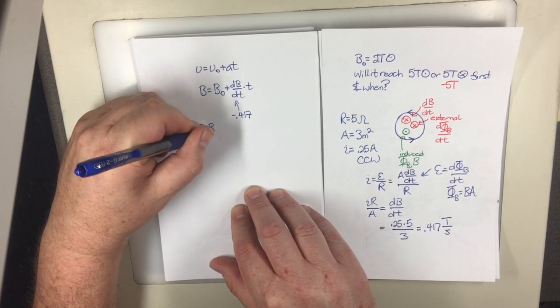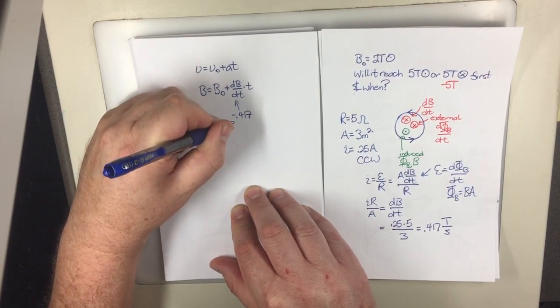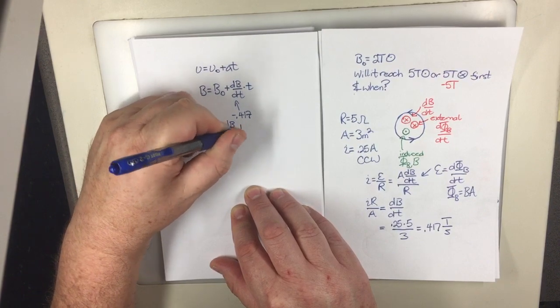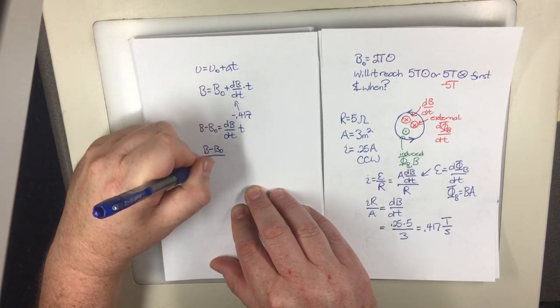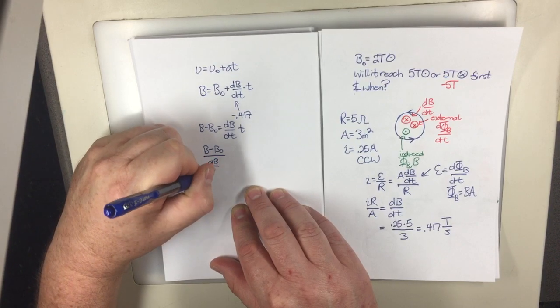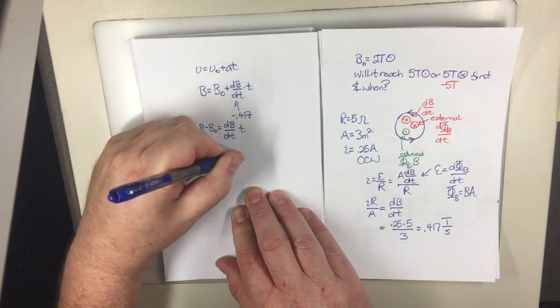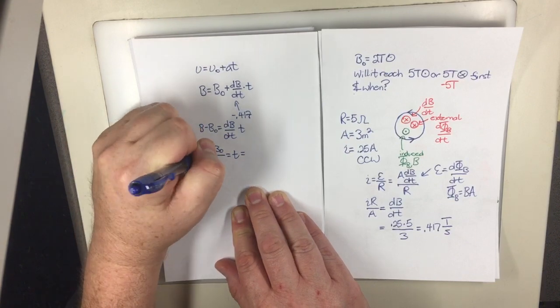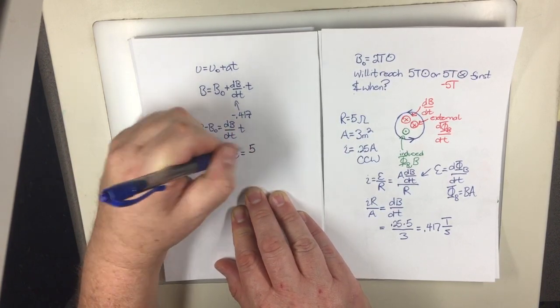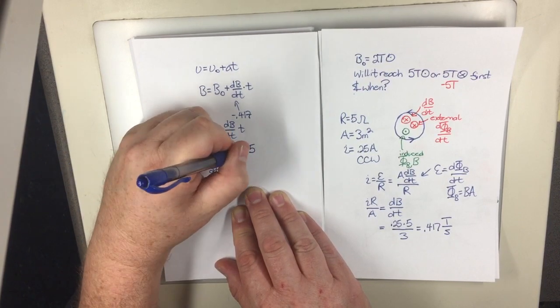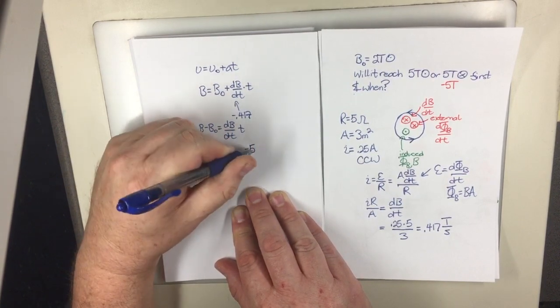So let's get this straightened out. B minus B naught equals dB dt times time. So B minus B naught over dB dt is equal to time. My final B is -5.